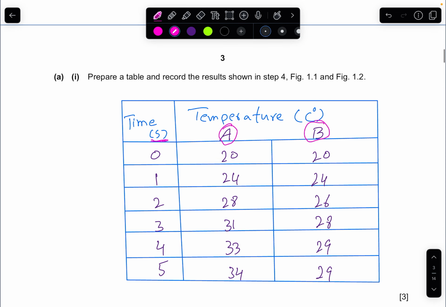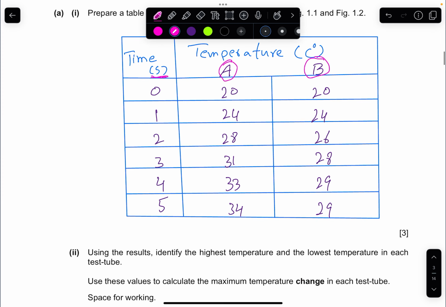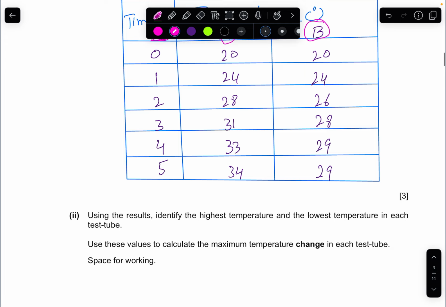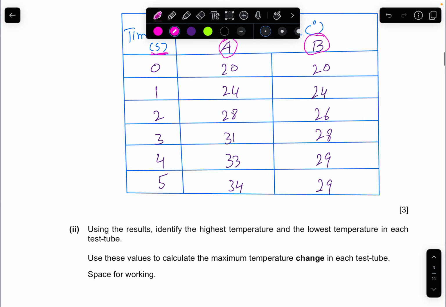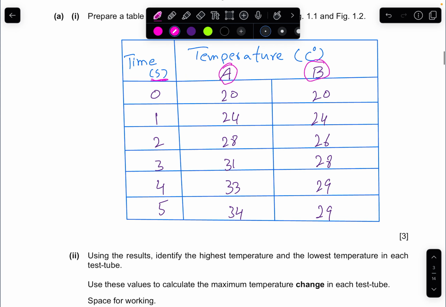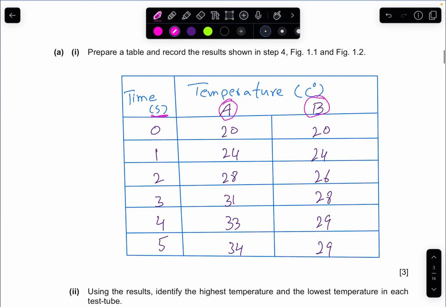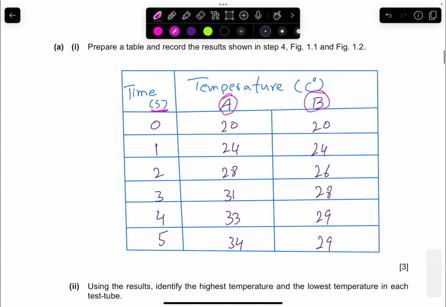And we can write the other measurements. Minute 1 is 24 degrees, same for B, 24; then 28 and 26; 31 and 28; and at 4 minutes test tube A is 33 and B is 39; and at 5 minutes the temperature in test tube A is 34, and in test tube B the temperature is 29. So that is our table. Very simple.